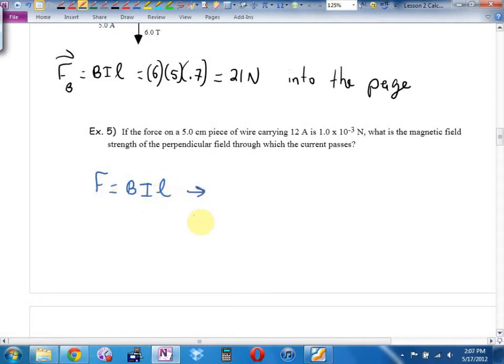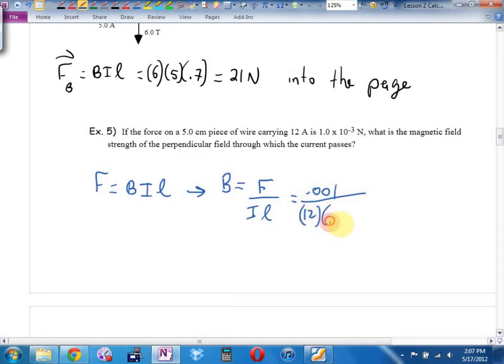However, in this case, they're asking me for the magnetic field strength. I guess that's going to be the force divided by IL. Okay. Force, 0.001 newtons. Current, 12.